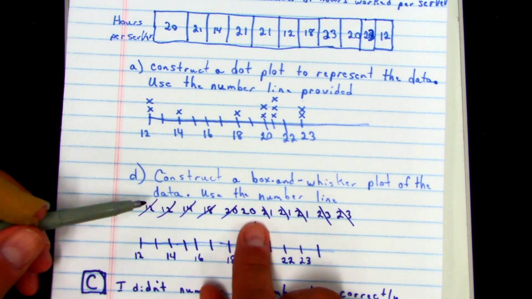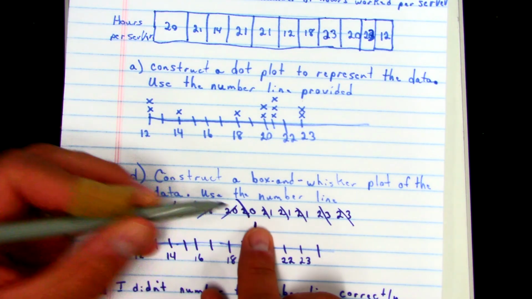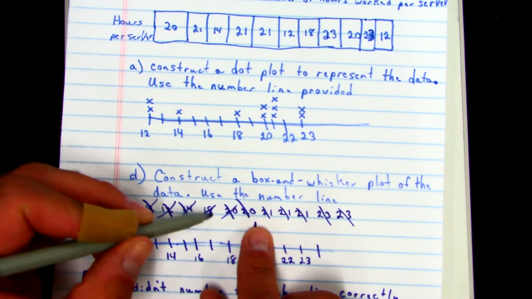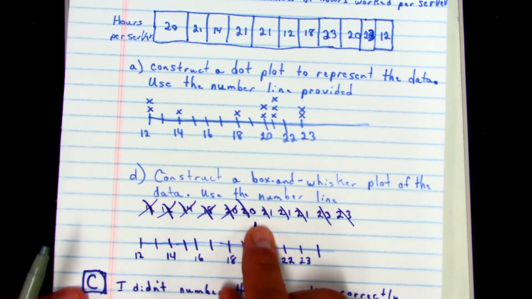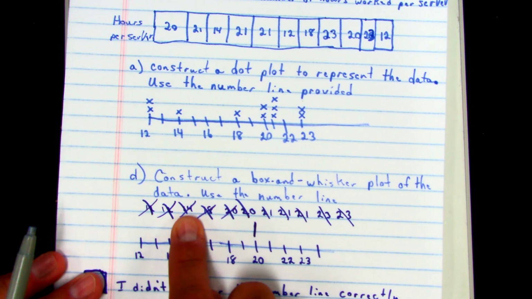Then I go to each side and I count to the middle. So 1, 2, 3. Okay? And the middle number is 14.